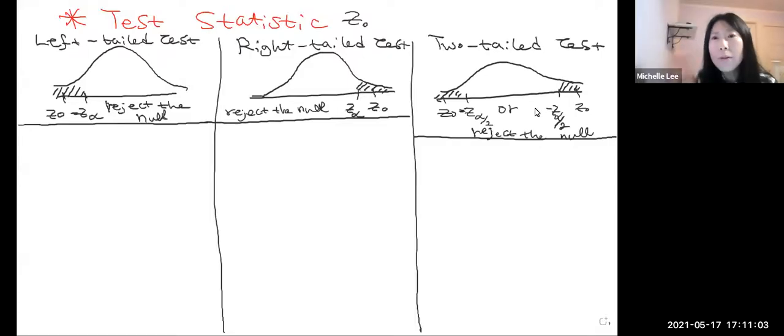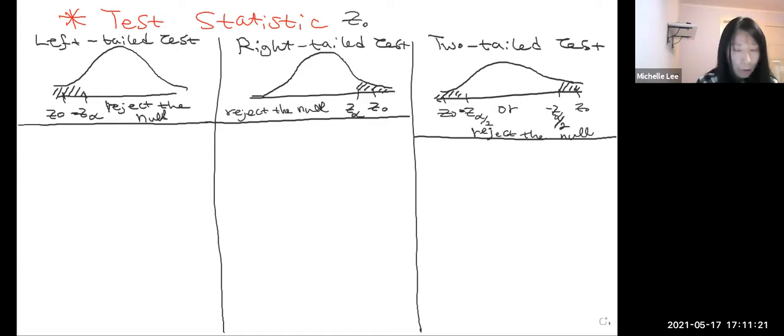Hello, everyone. I'd like to talk about the interpretation of the test statistic, Z naught. Here, I want to talk about the left tail test first.